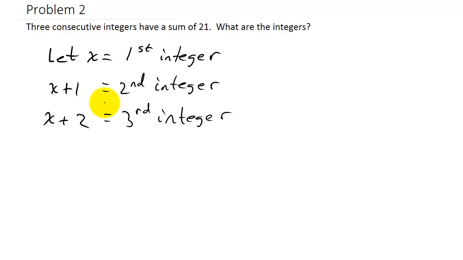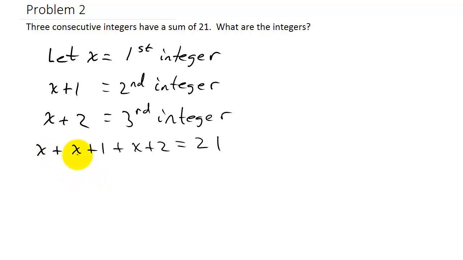Alright, so now it says three consecutive integers have a sum, so I add all three of these up, and that should equal 21. So I'll take the first integer plus the second integer plus the third integer, and that should equal 21. And now all I do is solve.